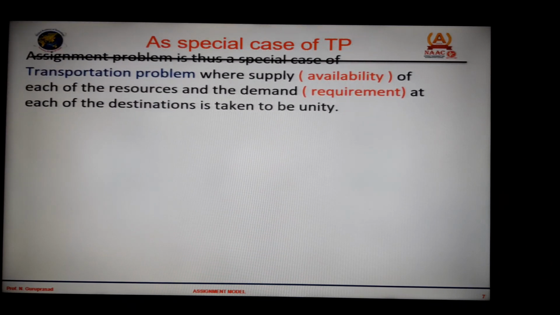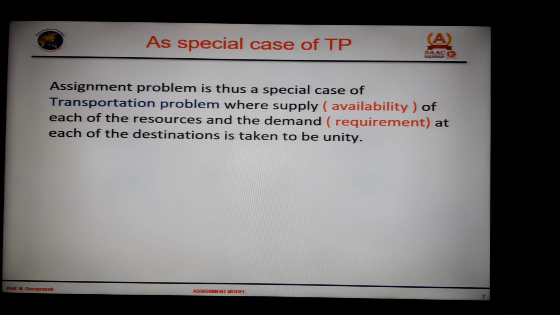As such, it is said that the linear programming problem is a vast area in the field of operation research. And under linear programming, we have the assignment model, which is actually a special case of the transportation problem. It is a special case of the transportation problem where the supply of each of the resources and the demand at each of the destinations is taken to be unity.